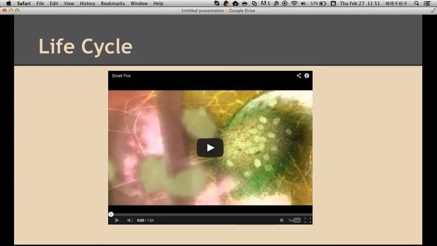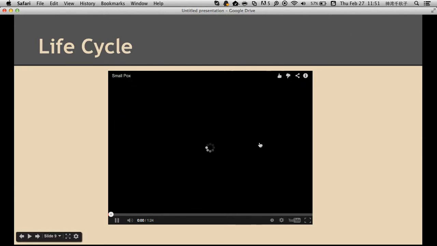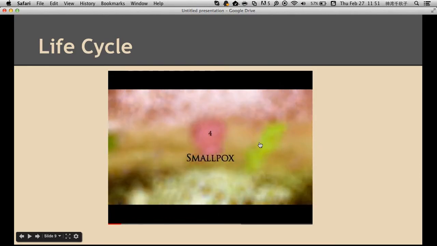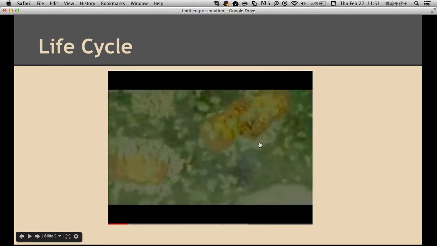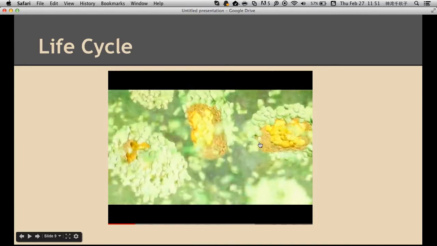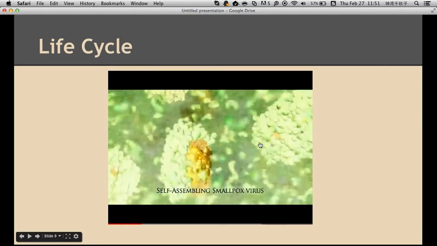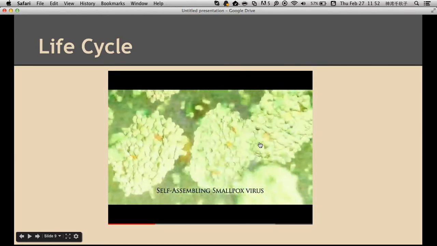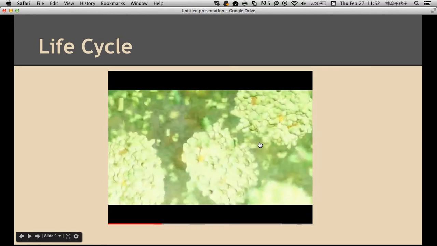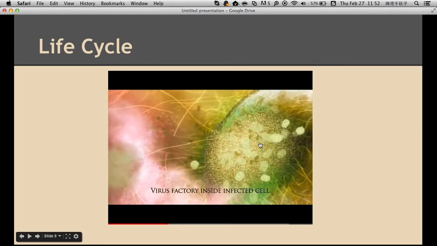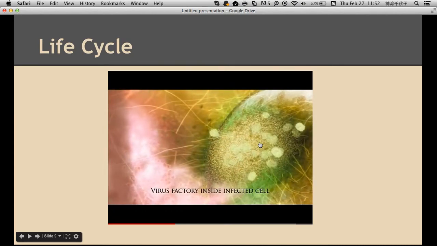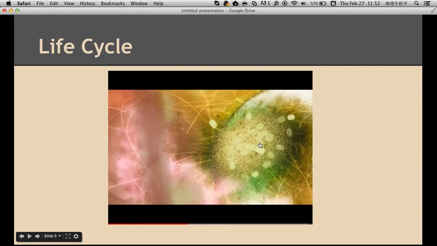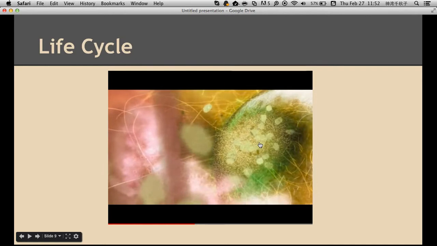So, life cycle. Here's a video of its life cycle. First, the virus attaches to a cell. Then the virus penetrates the cell membrane and injects nucleic acid, which is DNA or RNA, into the cell.